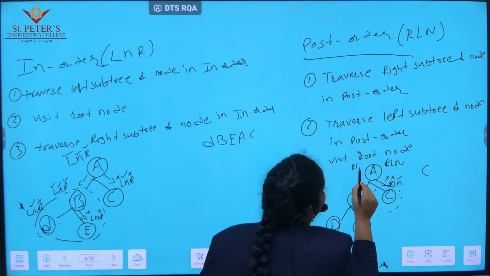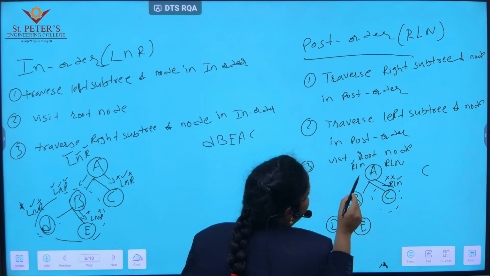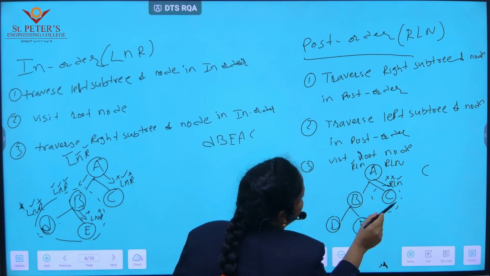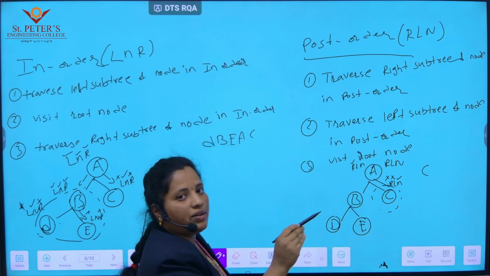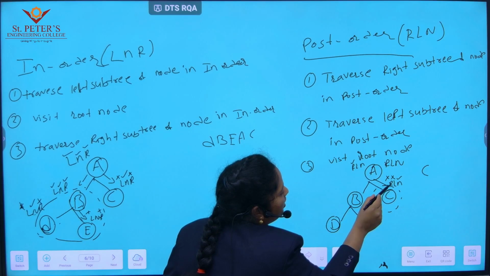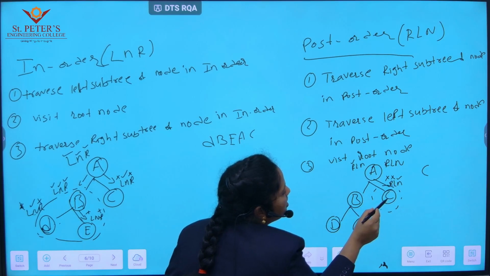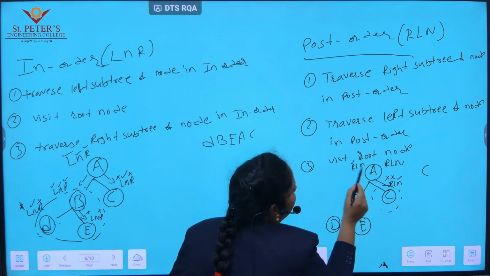First we have to apply on root node. So first step is right traversing. Again on this C also we have to apply these algorithm three steps. So right is not there, left is not there, only node is there. So here I am taking node and complete right part of A also completed.